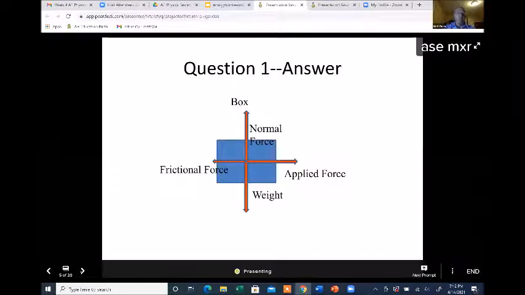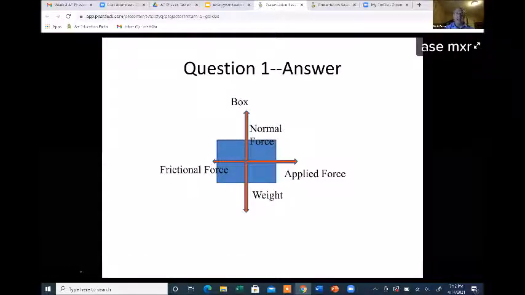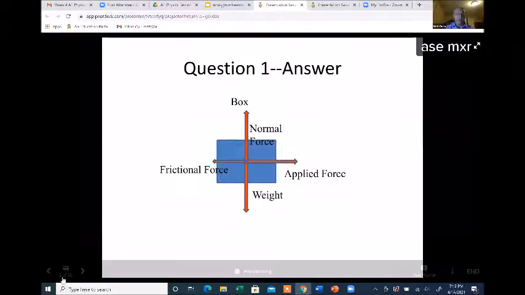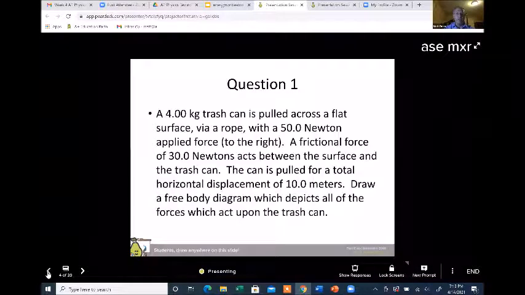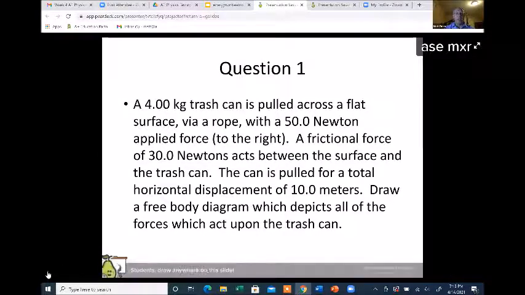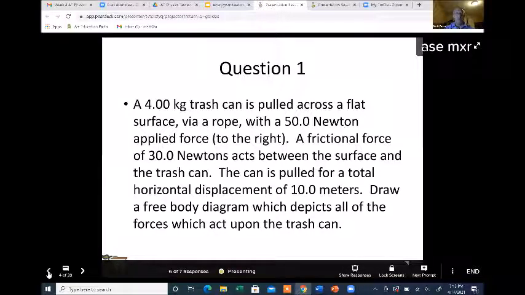Also, you had a frictional force. We know that the frictional force always acts in the direction opposite of the motion. So if the box is moving to the right, the frictional force should act toward the left. Now, I'm going to go back to the problem for a second because I need to look at something. It tells us that we're applying a 50 Newton force to the right and there's a 30 Newton frictional force.